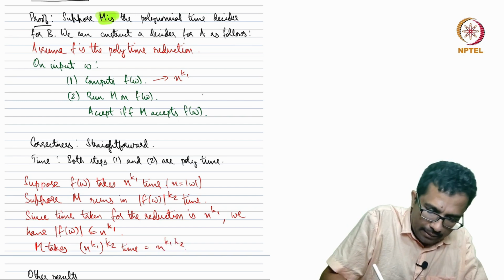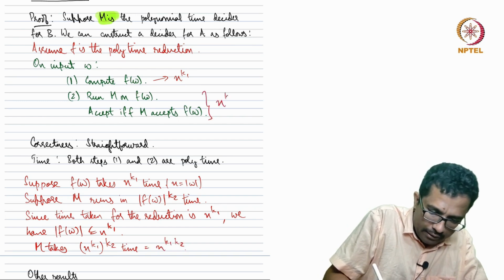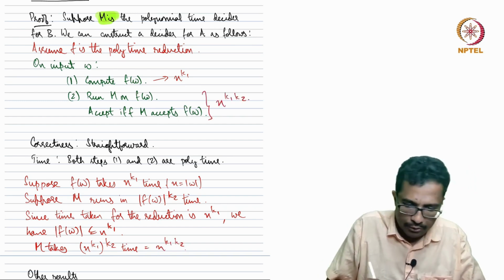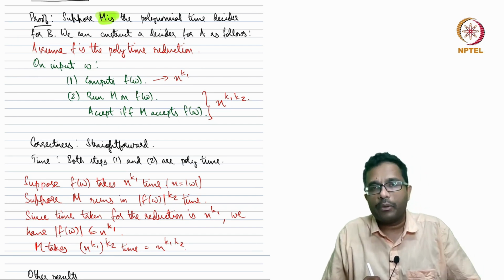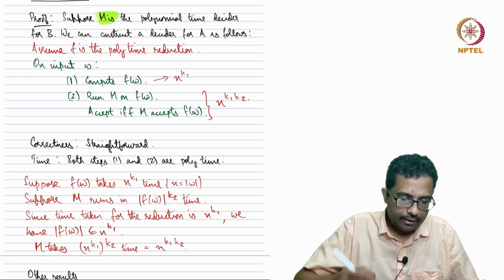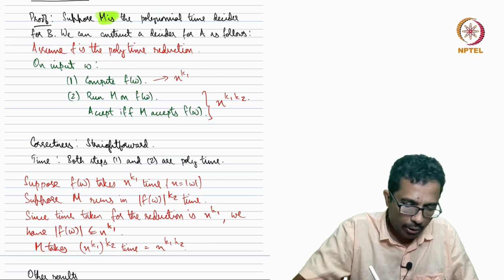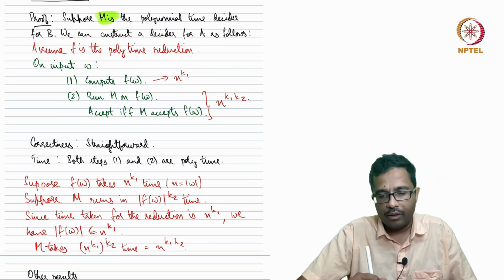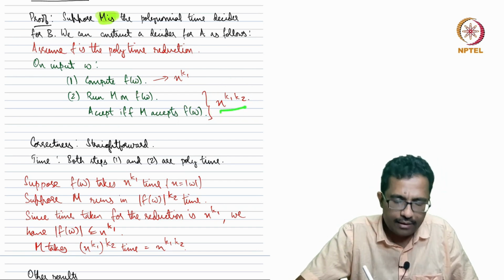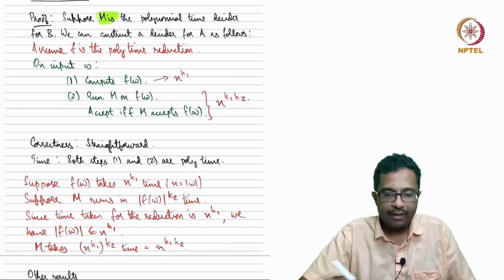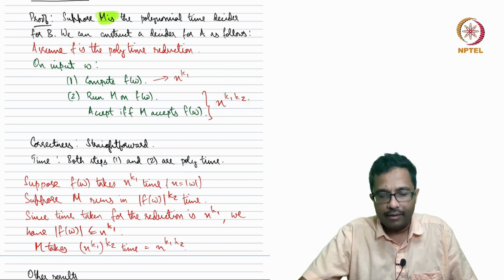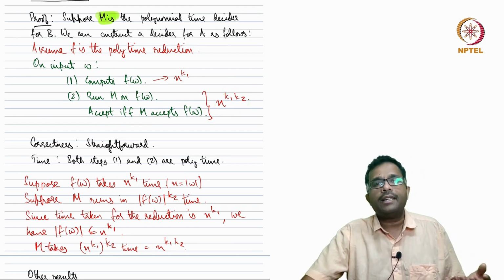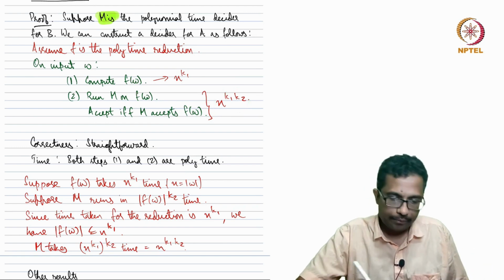So this step takes n power k1 k2. So the total time taken here is n power k1 plus n power k1 k2. The second part is the dominating thing, n power k1 k2, but the exponent is still a constant. So n power k1 k2 is still polynomial in the input length, where the input is the string w.